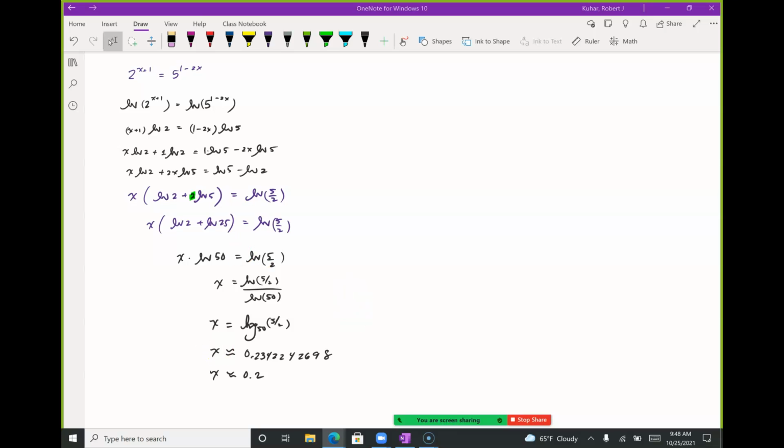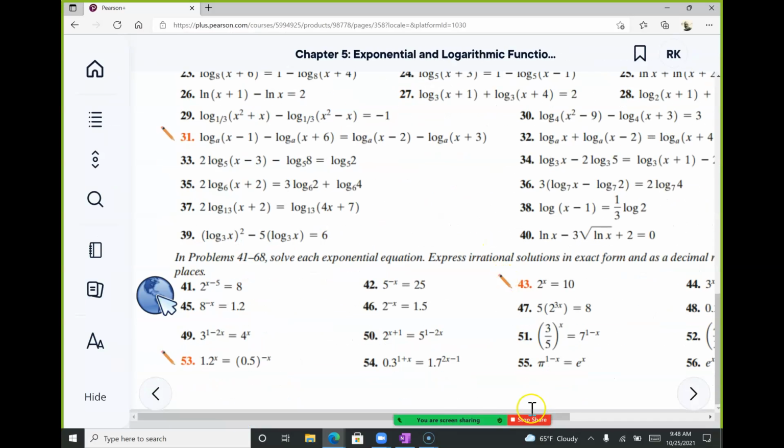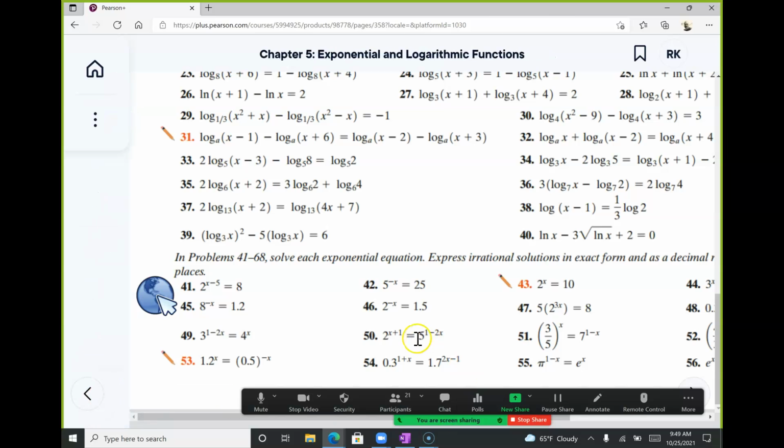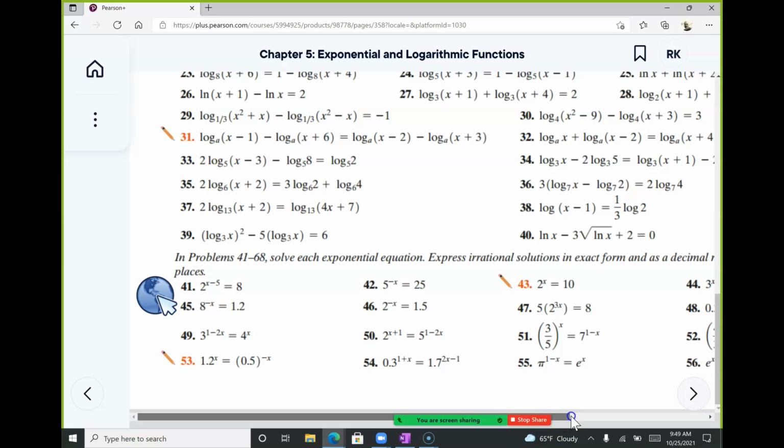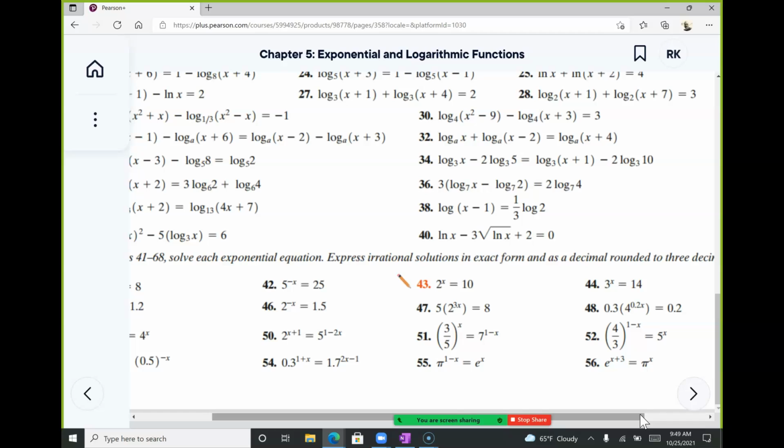Like 47 and 48. I'll just show you this real quick. You can take a picture if you want. I like it better with a coefficient, a variable on both sides.